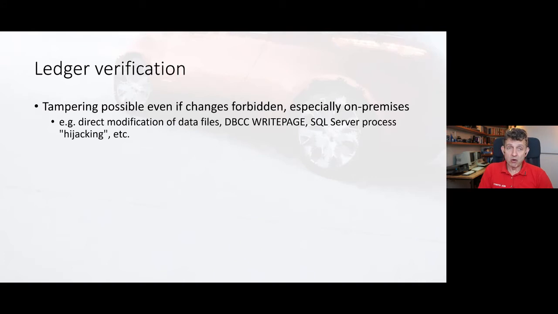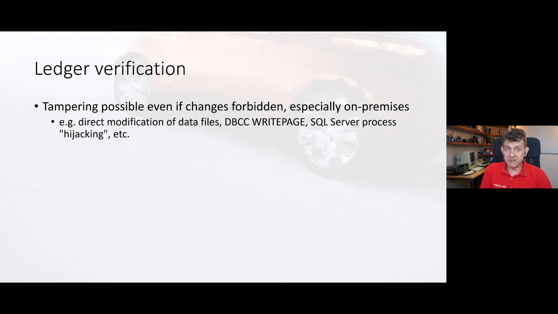But tampering is still possible, at least at the theoretical level. Especially if you are on premises with the version in SQL Server 2022. Why? Because in this case, you can basically shut down the service and edit hexadecimally the files, and you can simply change them. Or you can use DBCC WRITEPAGE, which is not available in Azure SQL Database, but it's definitely available on premises. And I have a demo.